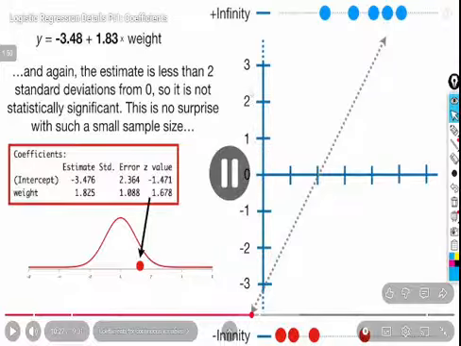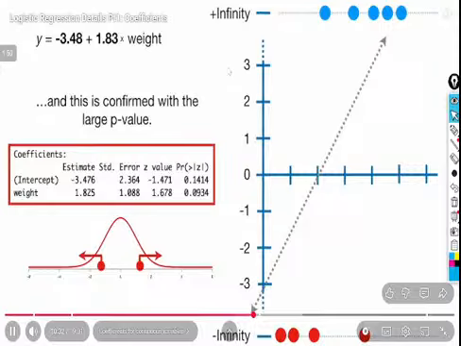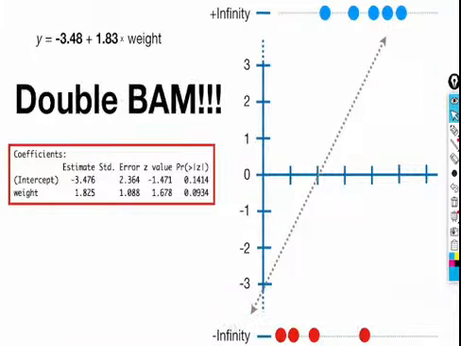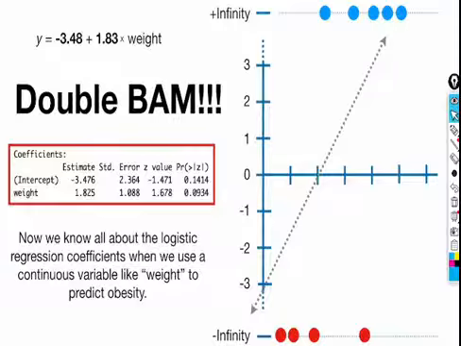This is no surprise with such a small sample size. And this is confirmed with the large p-value. Double bam! Now we know all about the logistic regression coefficients when we use a continuous variable like weight to predict obesity.